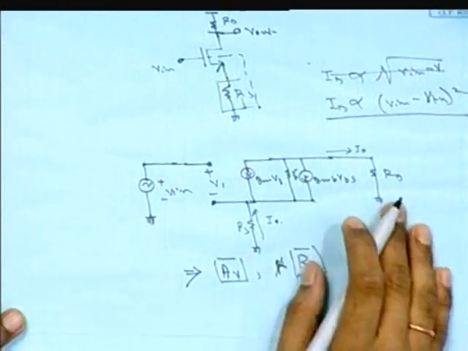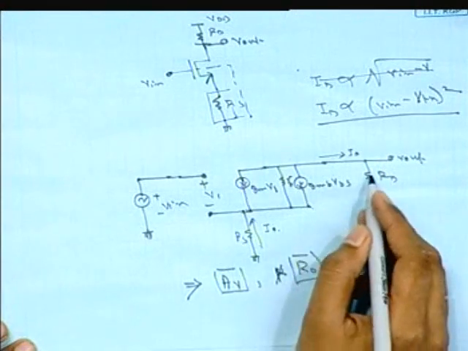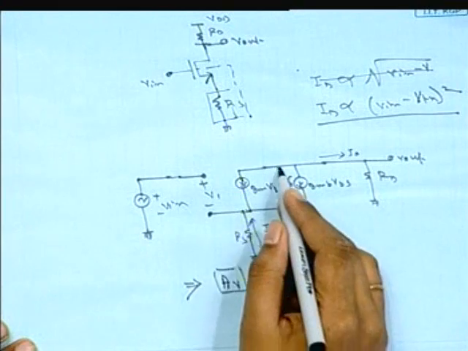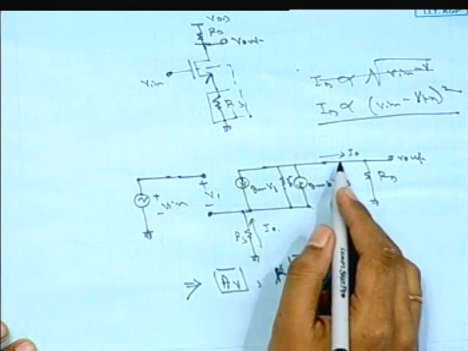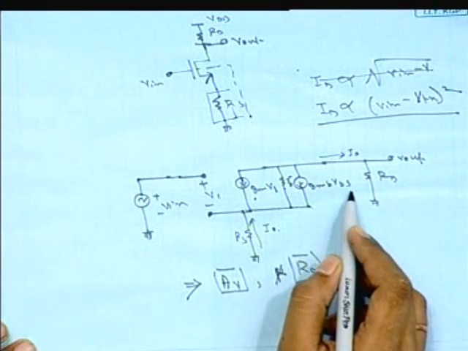Okay. Now again, the output voltage is nothing but the voltage drop across this R naught and this Rs, and through R naught what will be the current? It is nothing but I naught minus GMV1 and GMBVBS. Okay.